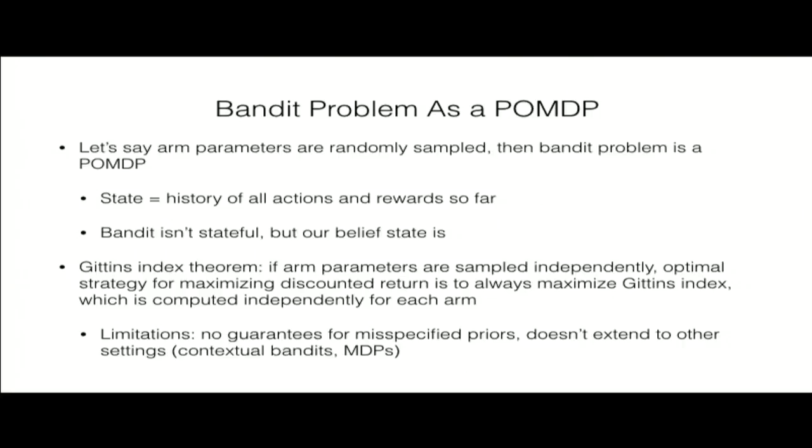But we have a state space that's exponentially large in the time horizon because our state consists of our whole history. So we have a really big state, and this is impractical, even in this finite bandit case. So that's not such a practical solution.